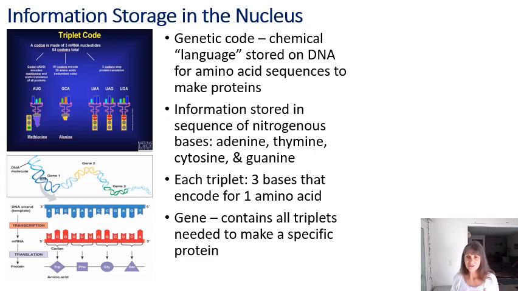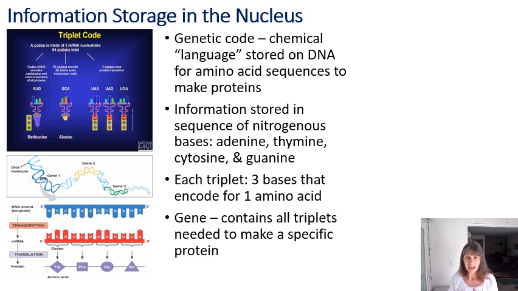So again, the information stored on the DNA is going to be the sequence of nitrogenous bases. And every time we say these bases, we tend to say them in order, but they're going to be mixed up along that sugar phosphate backbone in order to indicate different types of amino acids.